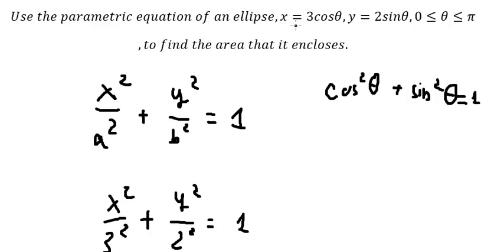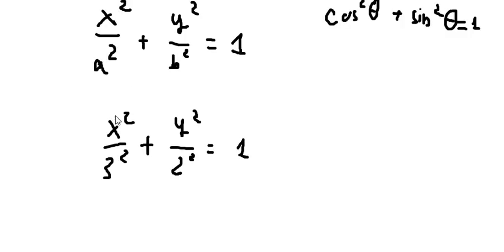If I put this one in here and this one in here, 3 squared divided by 3 squared, 2 squared divided by 2 squared, and you get number 1.